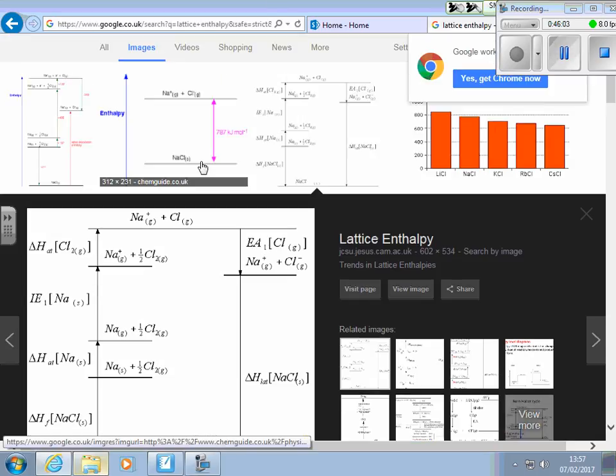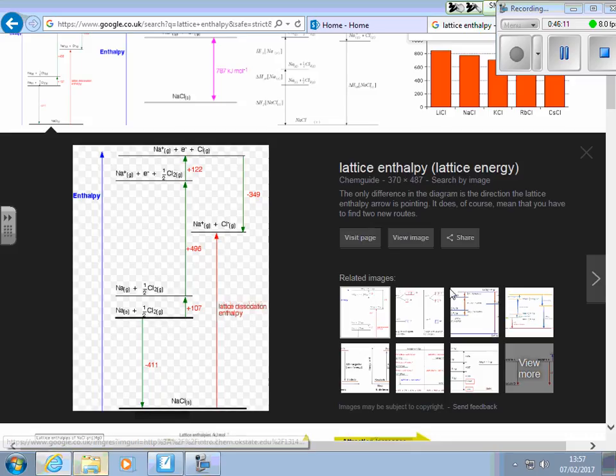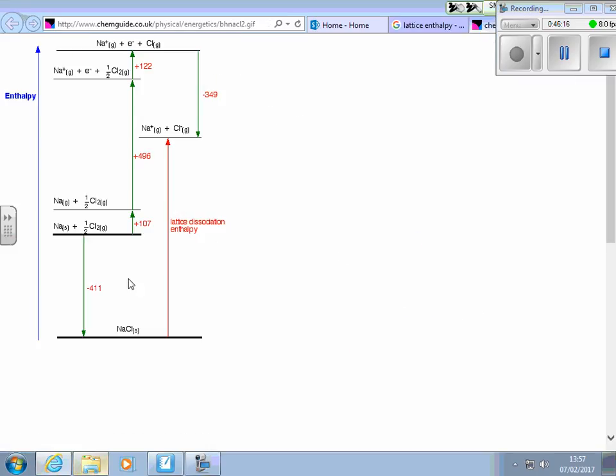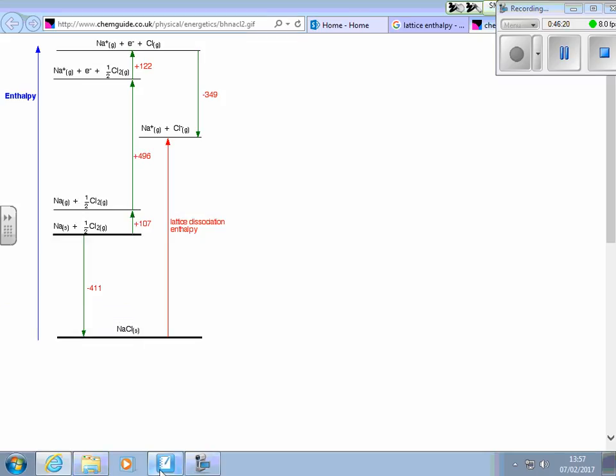I don't want to use one straight off there. I want to actually build one, although the temptation is to use this one, which is the Chem Guide one. It's got the numbers on that I want, so I might hide that on another page. I'll do that.